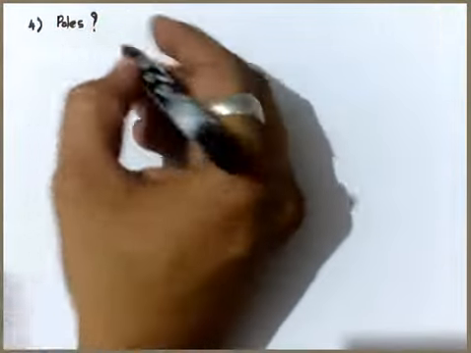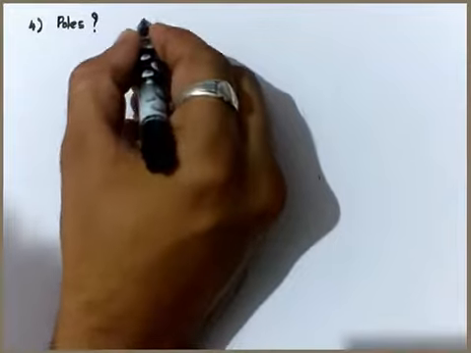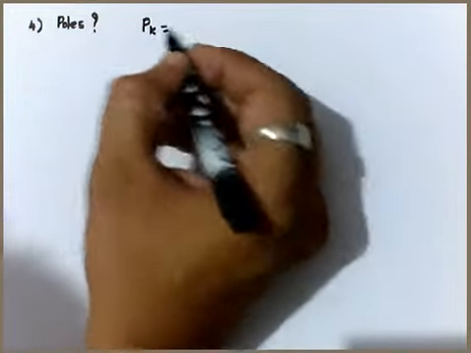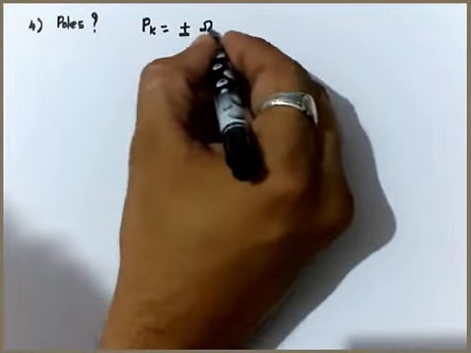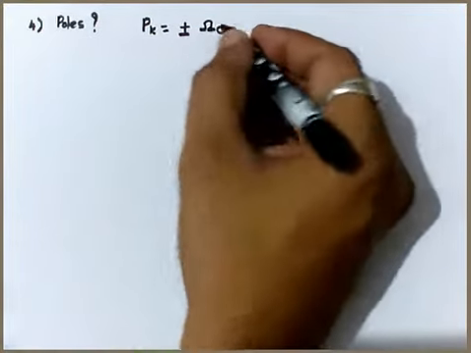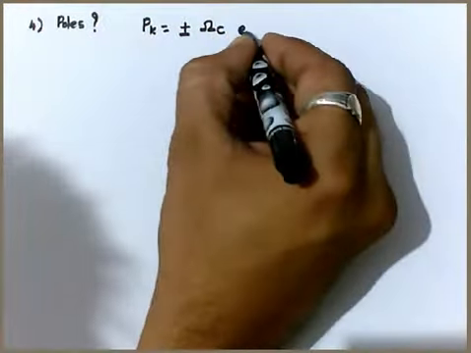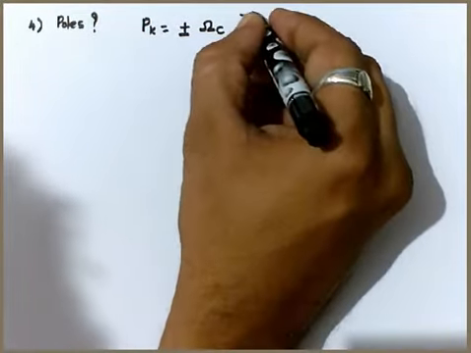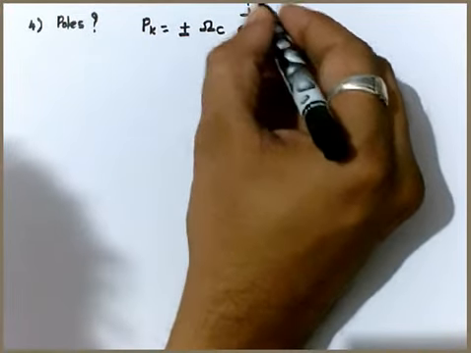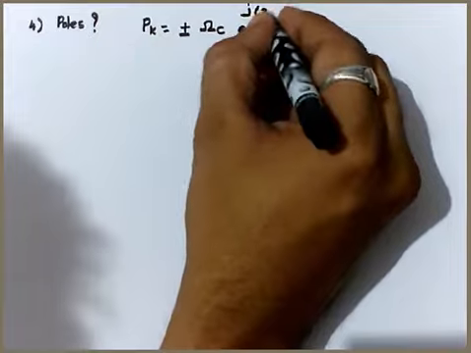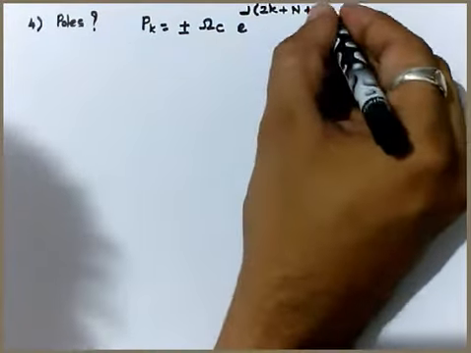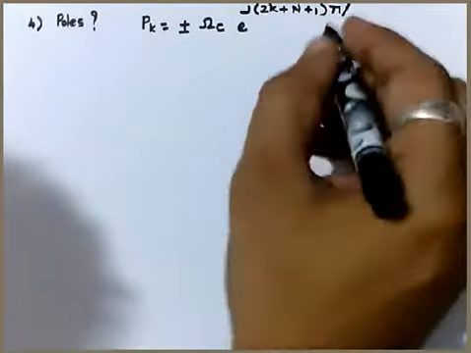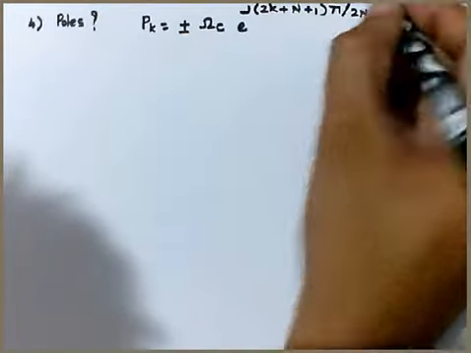These poles are indicated with values like pk is equal to plus or minus Ohm C, since the poles can be conjugate, times e raised to j (2k plus n plus 1) pi by 2n.